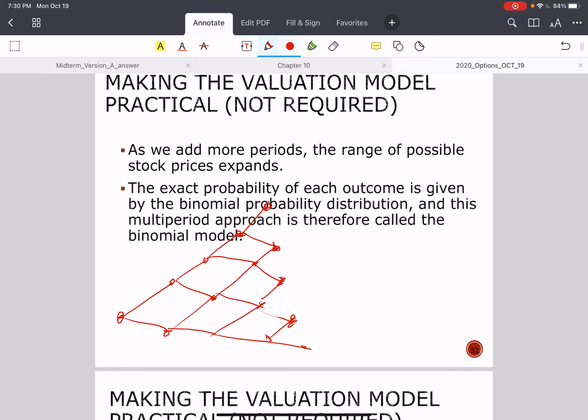So you can imagine in today's world, if you know how to write programs, right, you could obviously use some programming language to automate this process. So in the end, you can actually very accurately approximate the possible values of your portfolio, right? So you can see that using computer, if you expand this process, then you can get a fairly accurate calculation of call price or put price, right?